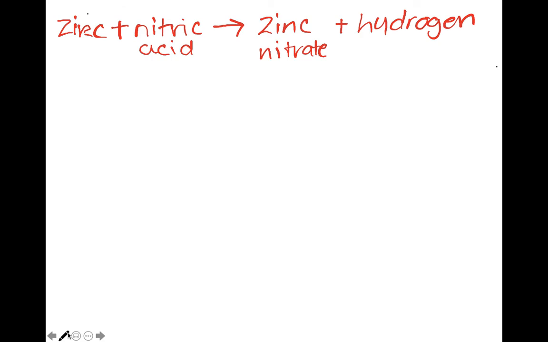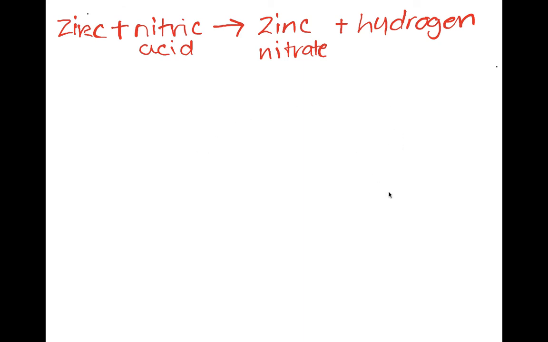So, our first example, we have zinc plus nitric acid gives us zinc nitrate and hydrogen. Our salt comes from the metal that is reacting, which is zinc, and the negative ion from our acid. And in nitric acid, as I said before, that is going to be our nitrate ion.